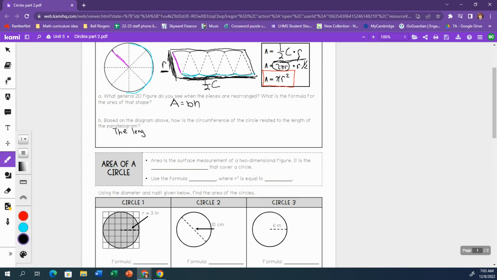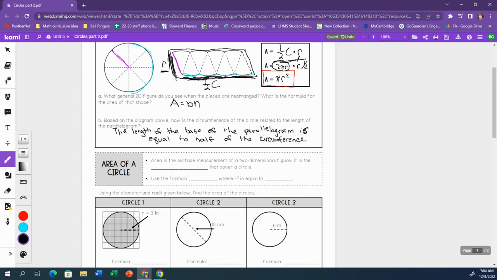The length of the base of the parallelogram is equal to half of the circumference. There we go. Okay, let's finish this out.